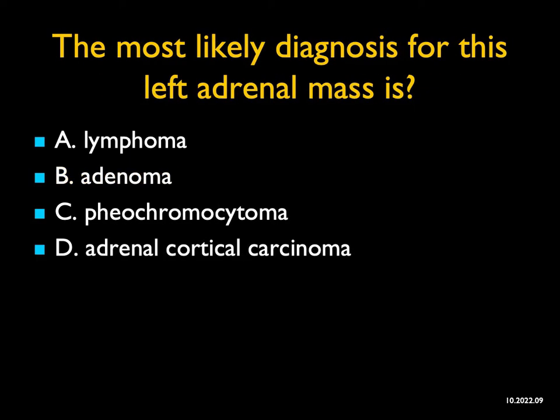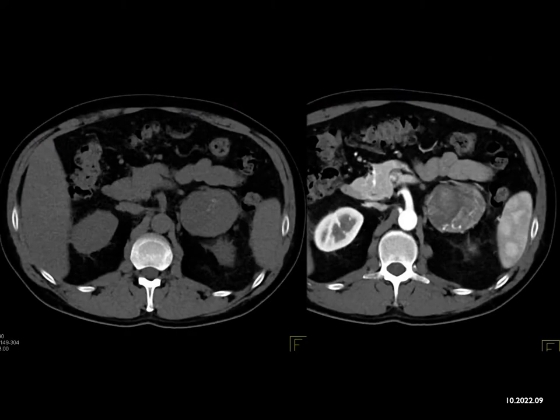The most likely diagnosis of this left adrenal mass, I see a mass with faint calcification on non-contrast. It's arterially enhancing with some cystic components. It does not have the look of an adenoma. Pheos are a possibility, but they're usually more vascular, but I couldn't exclude that. Lymphoma typically is not vascular and more commonly is bilateral, but 100% I couldn't exclude it, but lymphomas rarely calcify.